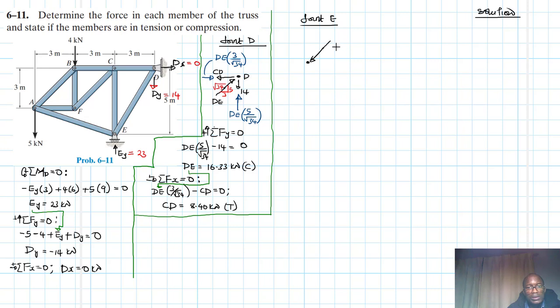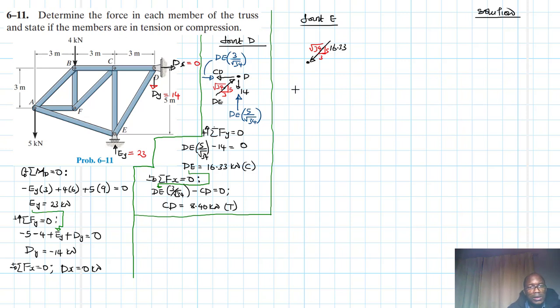And DE's value is 16.33, and the slope we already determined. We have a 3, we have a 5, then we have a root of 34.